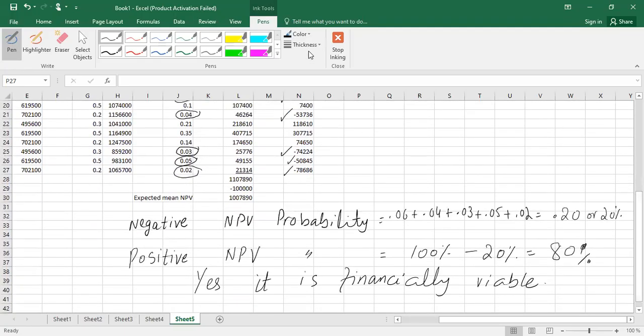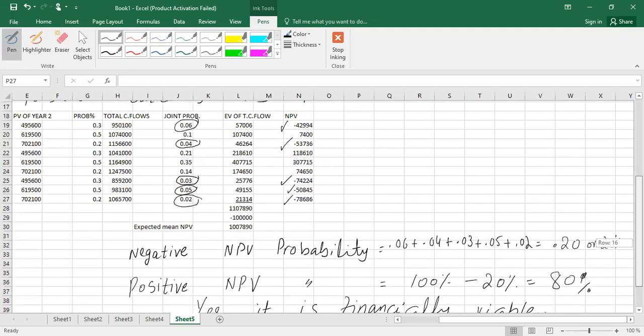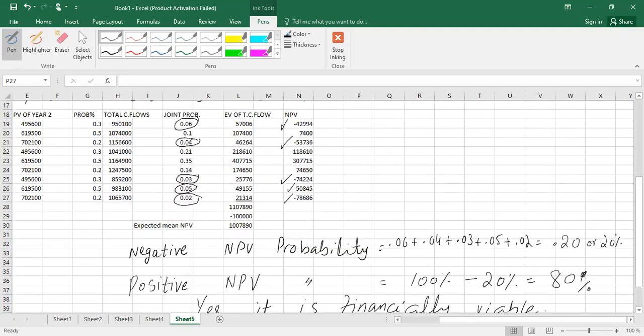Second, another thing question can ask you to calculate is what is the most likely outcome. Most likely means highest value of joint probability. And this is the highest value of joint probability 0.35. So it is most likely NPV.